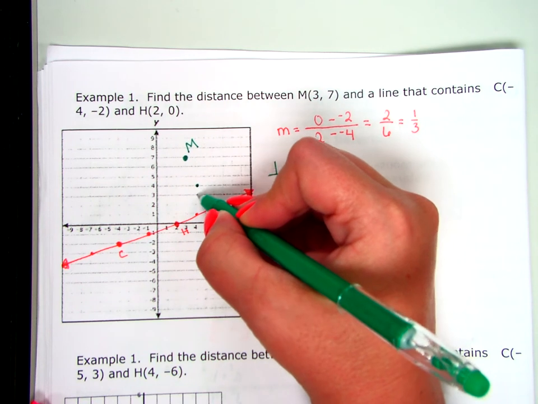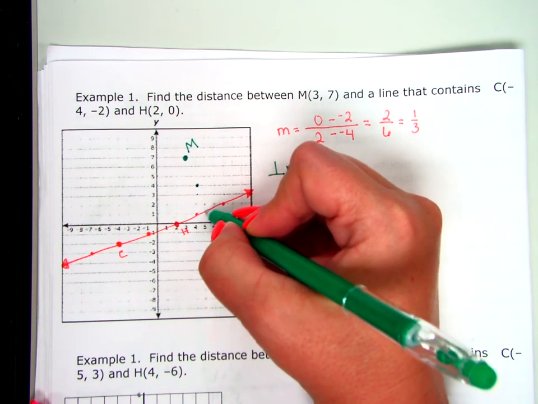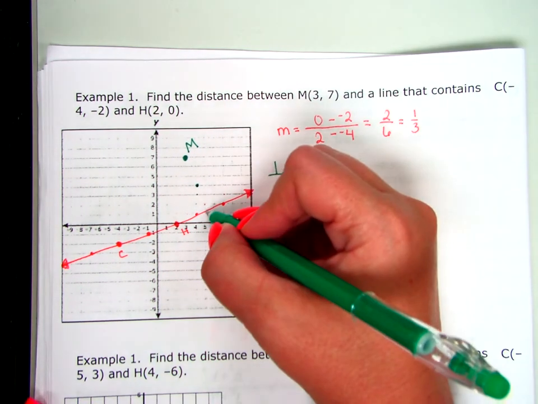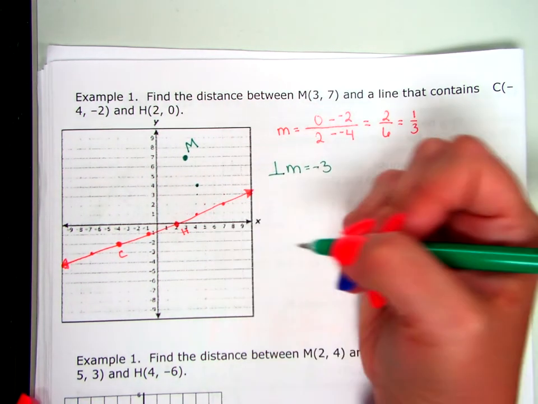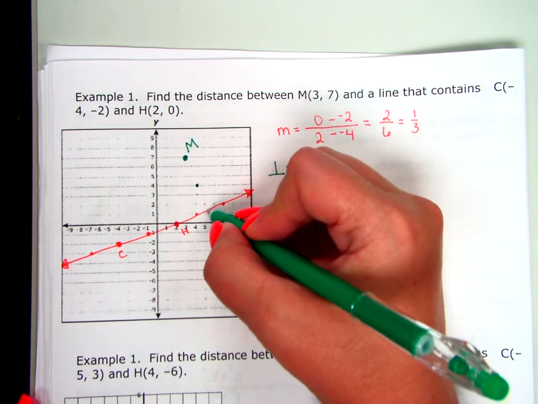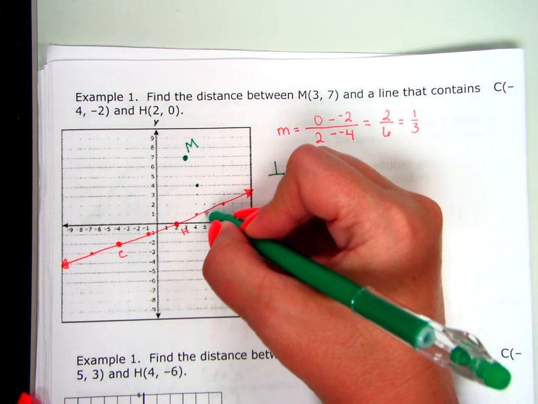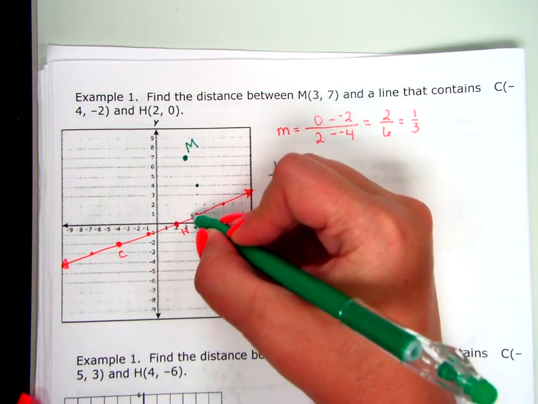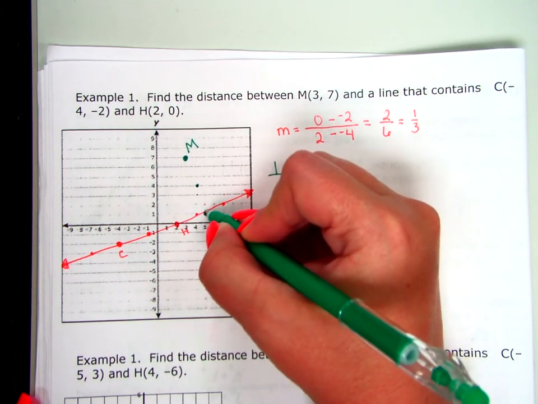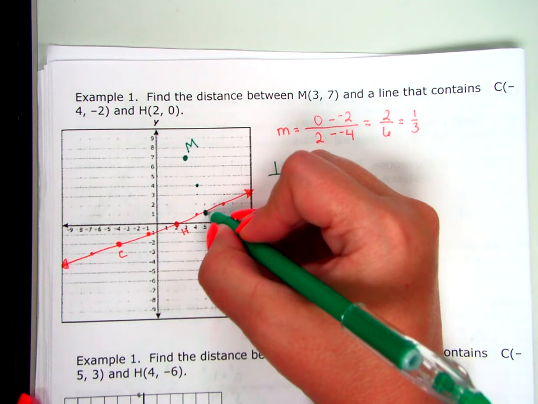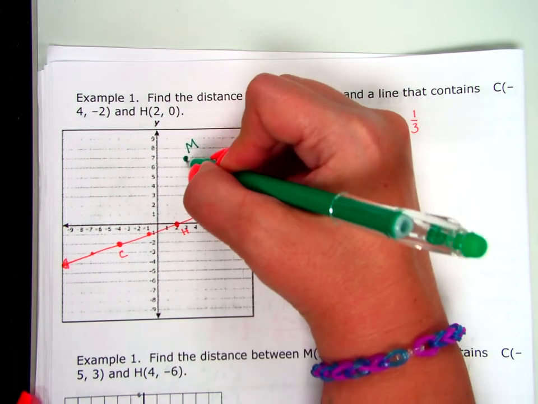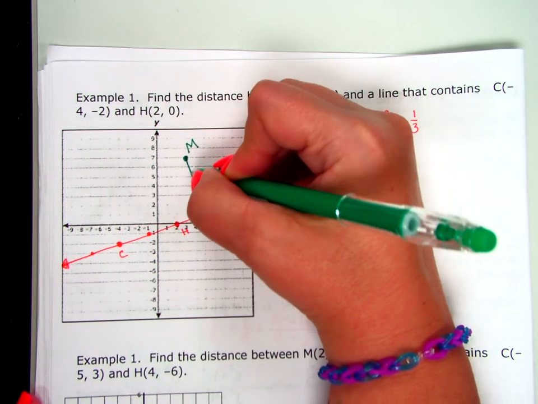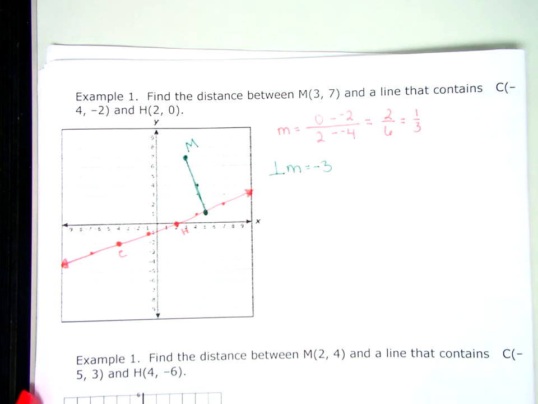Down 1, 2, 3, over 1. Did I get off a spot? Should have lined up. Oh, up 1, over 1, 2. Yep, I got off a spot. My other point should have been there. I didn't count over 3. So it hits the line. Whew. Okay.